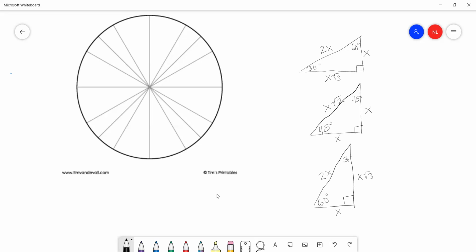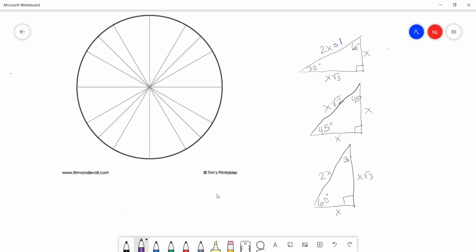All right, now let's say I gave you a 30, 60, 90 triangle, and I told you that the hypotenuse was equal to 1. Could you solve for the other two lengths of this triangle? Your answer is yes, I can. I know that 2x equals 1, so I need to figure out what my x value is and what this side length down here is.